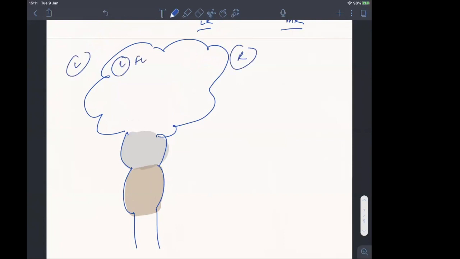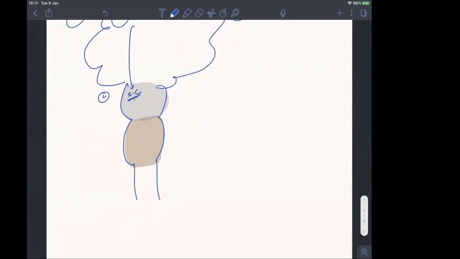Your left frontal eye field has told your left superior colliculus to act. Now, from here, the command will go all the way down to your right sixth cranial nerve to look towards the right.